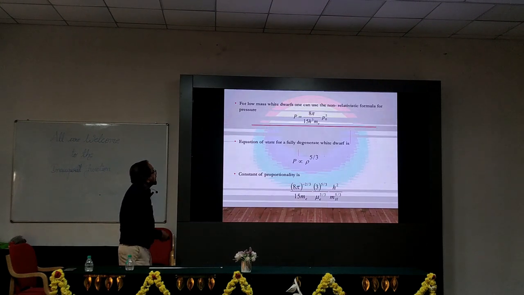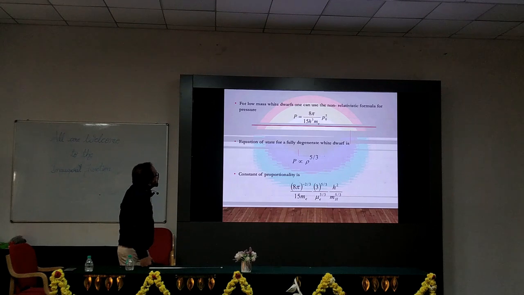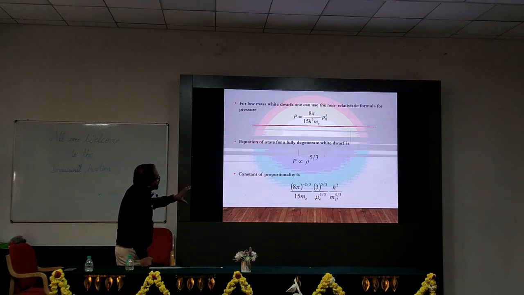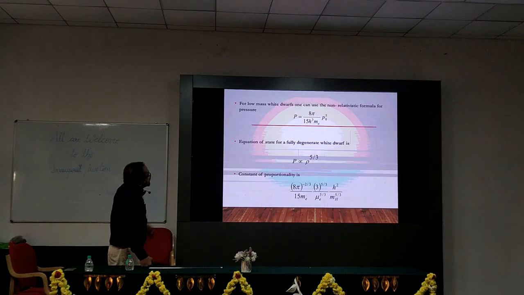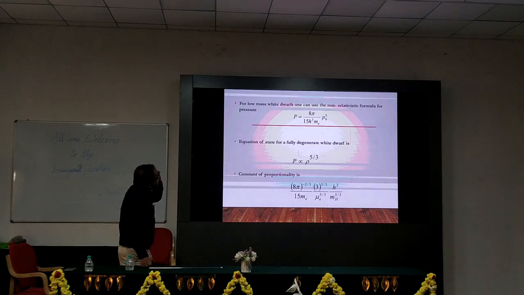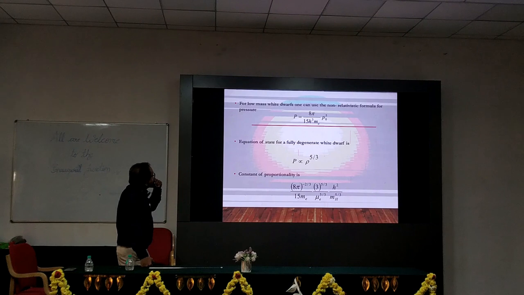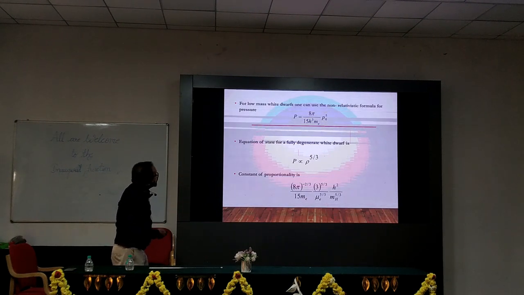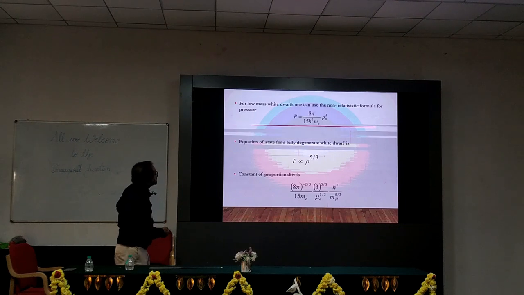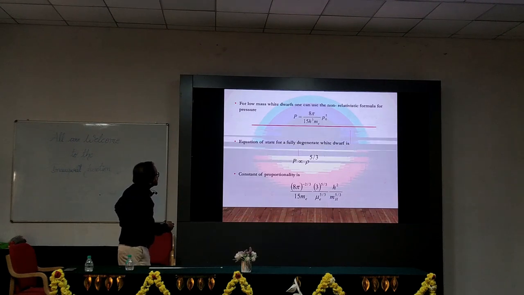We have worked out the formula for pressure, and you put in all the factors and get the coefficient. The essential thing is the variation with respect to density, which is much steeper compared to the thermal pressure. Therefore that is the more dominant pressure inside a white dwarf.